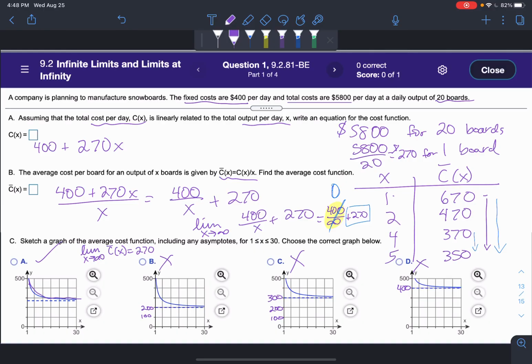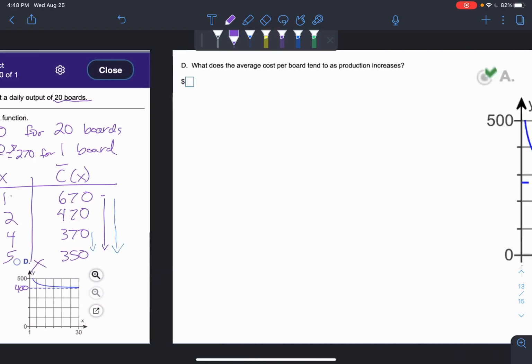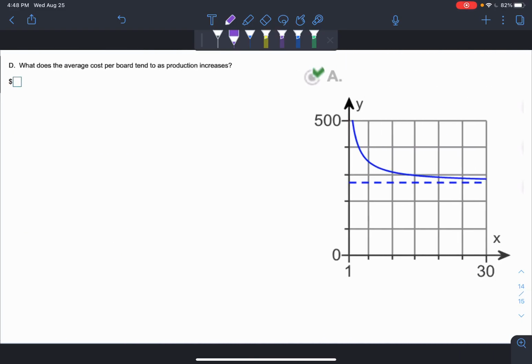And we might have already answered this question inadvertently, but this question is basically saying, what is the average cost per board tending to go towards as production increases? And production increase means as my x gets really large.